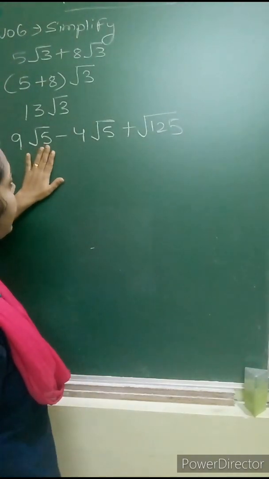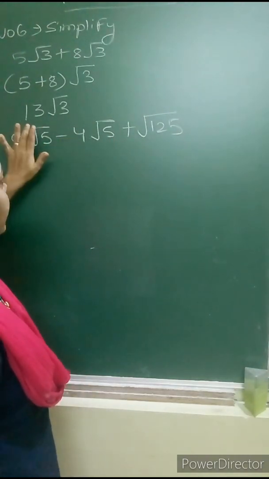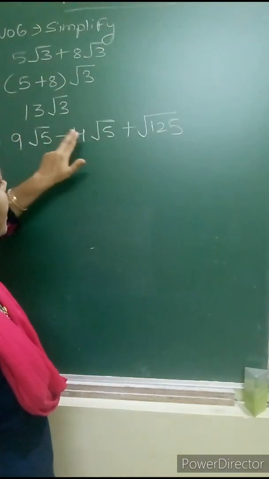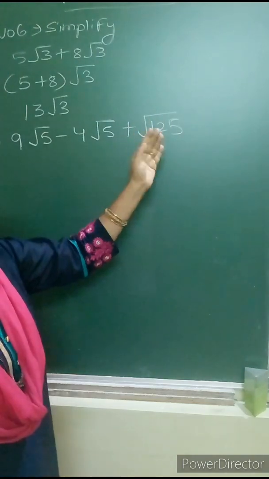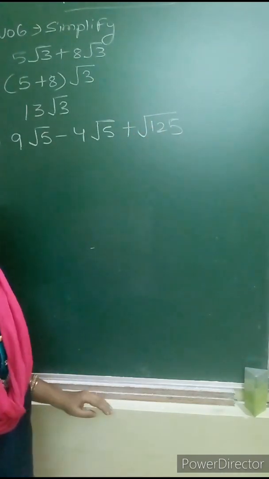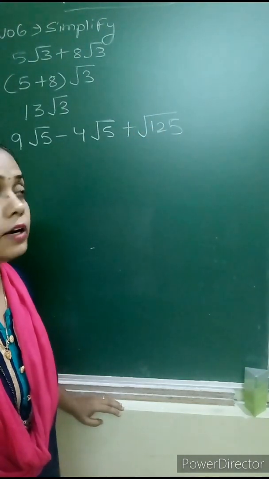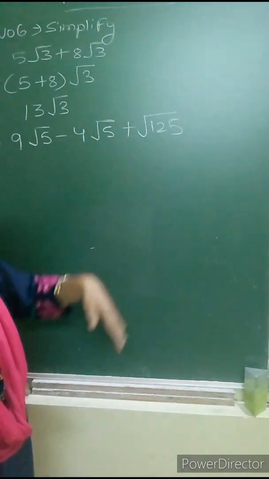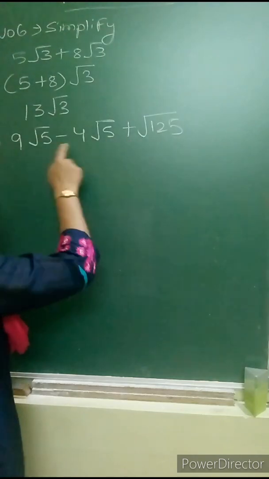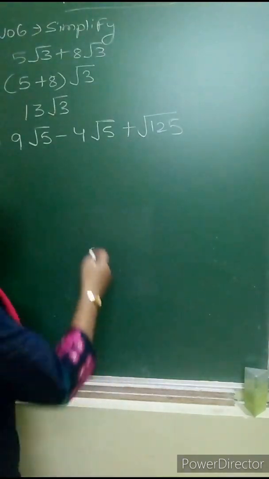Because we have the same radicand, square root of 5, and both have the same order, that is 2. But this square root of 125 is not the same as these two surds. So first we have to convert this third surd into a more simplified form so that it will match these two surds. How can we do that?